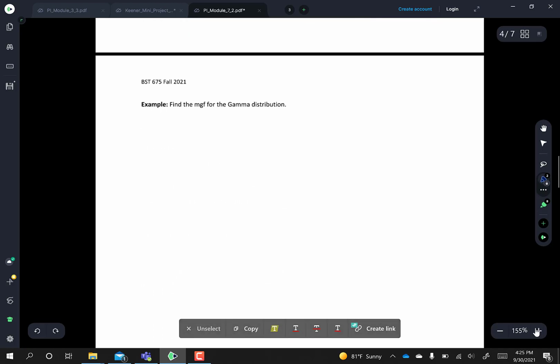So the first thing we are going to do is go ahead and find the moment generating function for the gamma distribution. So to start out here, we have m of t, and then by our definition is equal to the expected value of e to the ty. And then by definition of expected value, we have the integral from 0 to infinity.